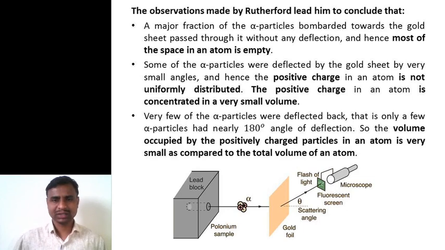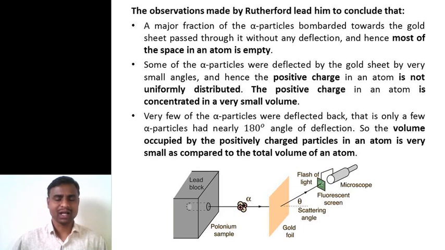Below is a schematic experimental setup of the Rutherford atomic model. You can see here a radioactive substance is kept in a lead box, which emits alpha particles. These alpha particles are incident on the thin gold foil sheet. The alpha particles interact with the nucleus of the gold atom, and after interaction they are scattered through various angles.